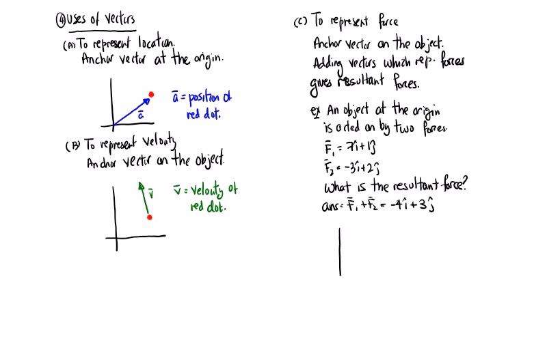Visually what's going on here: that's a really crappy axis. We have these two forces, and let's make them red. F1 is 7 units over and 1 unit up. Remember the object is right here at the origin. Think of an object there. F2 is negative 3 and 2. So right here.